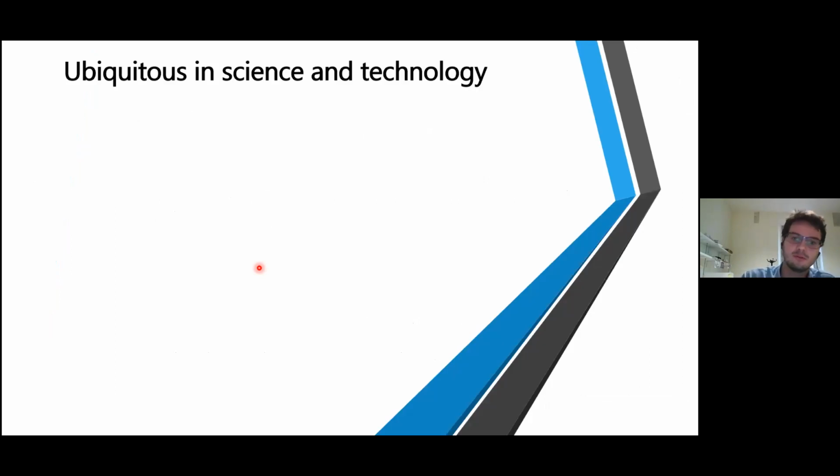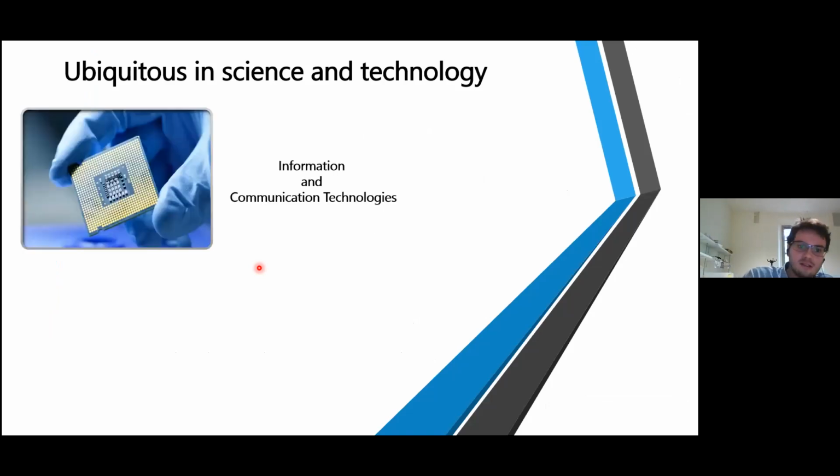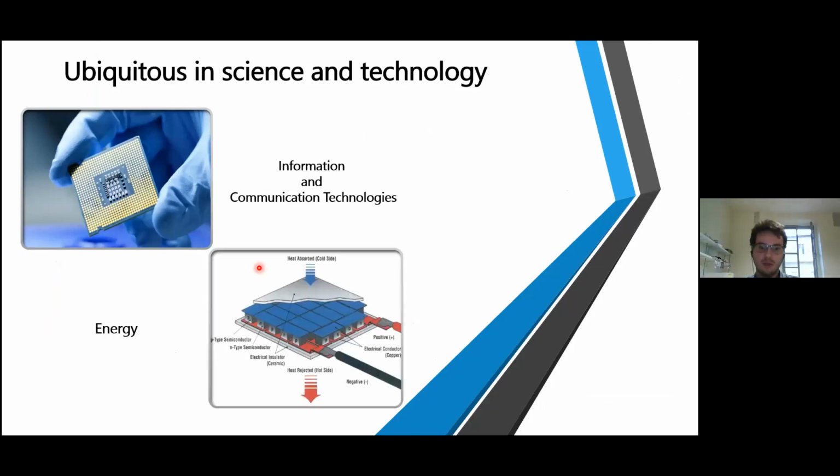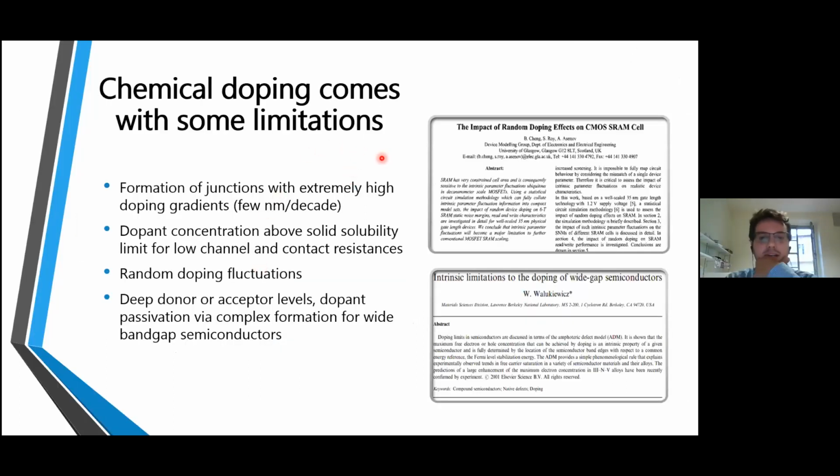I don't have to tell you that chemical impurity doping is ubiquitous in science and technology for several research fields, such as information and communication technologies, as well as energy, just to give two examples. But in the latest years, because we need more and more computational power for processors, we need to put more in less space. This led to the nanoscaling of semiconductors.